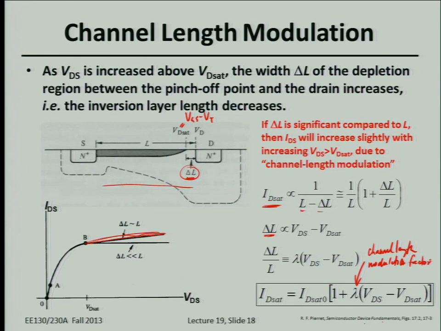Basically, the effective inversion layer length is changing, and that's causing the current to go up, and that's what lambda is modeling. So only once VDS increases higher than the saturation drain voltage can you have this extra effect of increasing drift velocity, if the channel length is small compared to delta L. Qualitatively, I hope this makes sense.